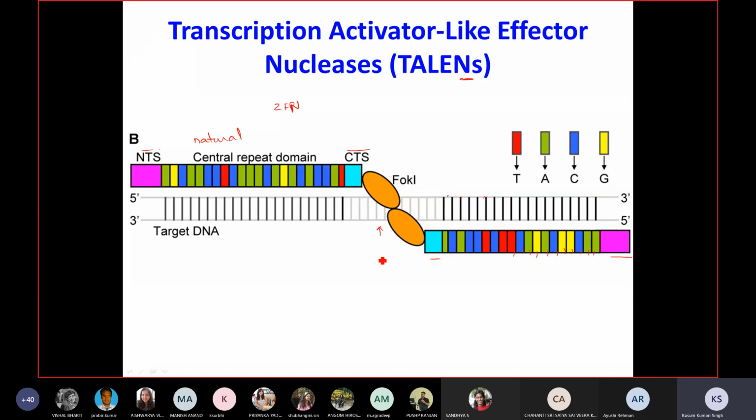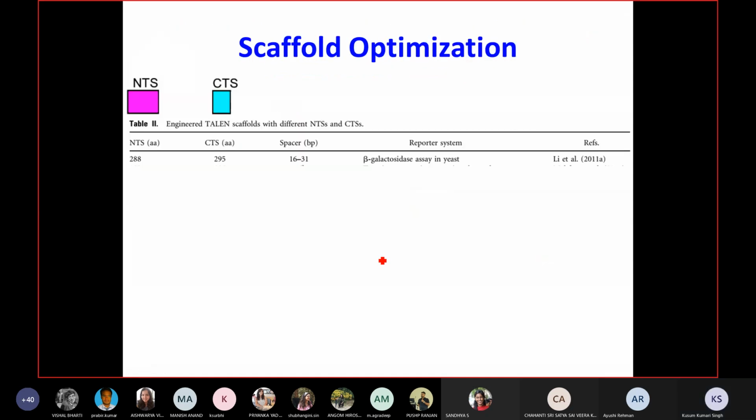So the first TALEN was created with the help of TAL proteins. What you have here is the N-terminal sequence, and here is the C-terminal sequence.